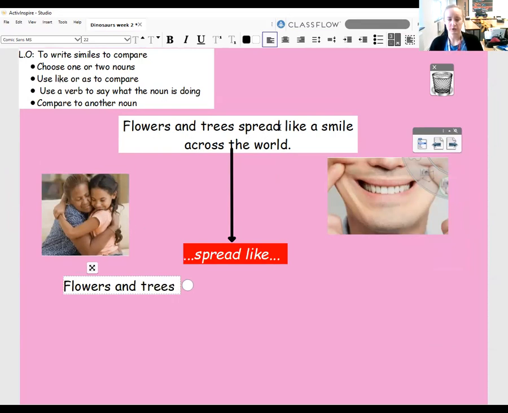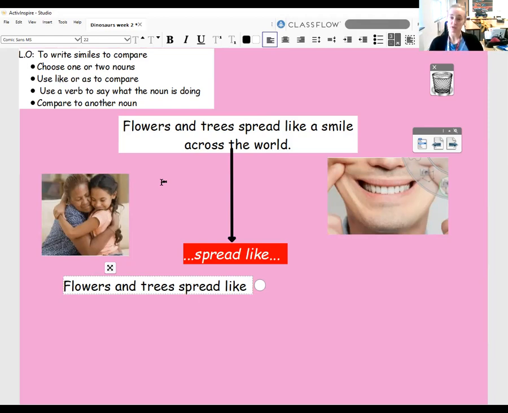I'm going to use a verb to describe what it's doing. So I'm going to say spread like, and I'm using the comparative tool like rather than as, okay? This time I'm going to use like. So flowers and trees spread like, and then I want a different thing to compare it to. What did I have before?